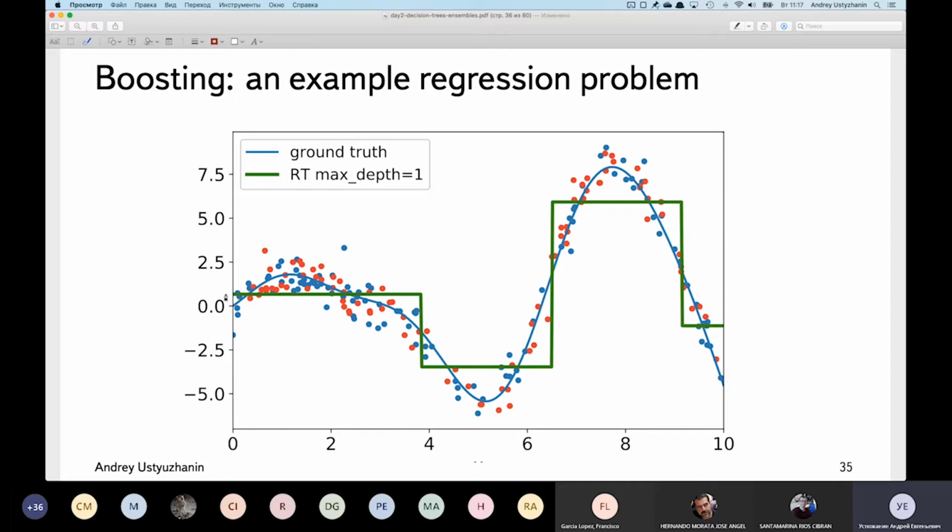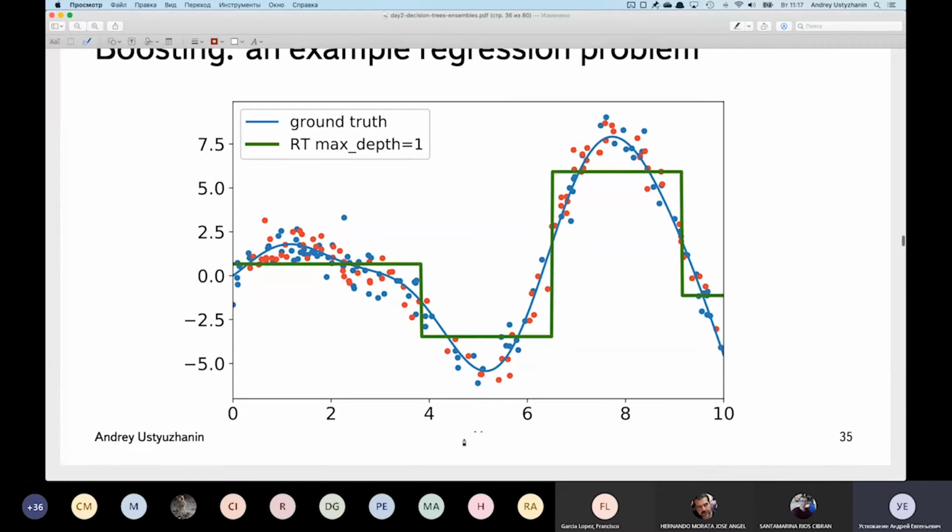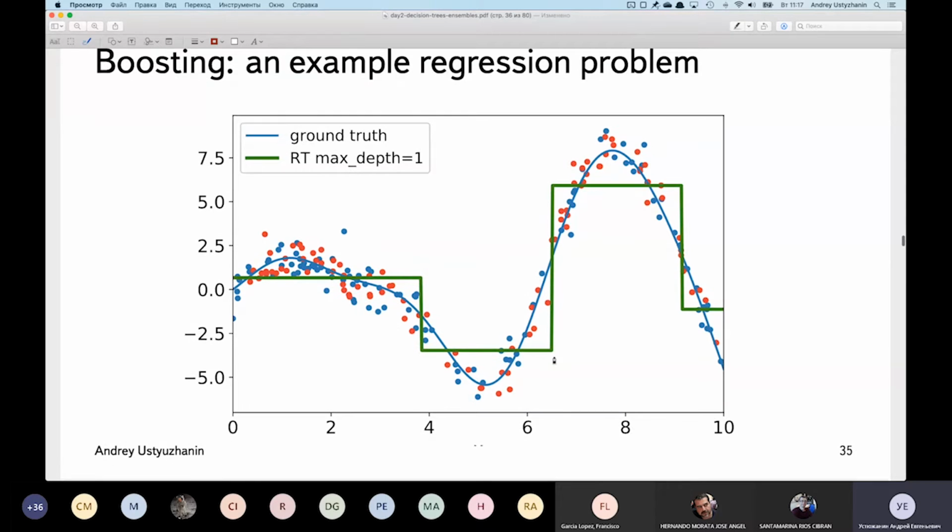A regression tree starts with a simple hypothesis 0, which is essentially a mean value, and then it can add some details to the difference between our ground truth and the output of the previous learner.